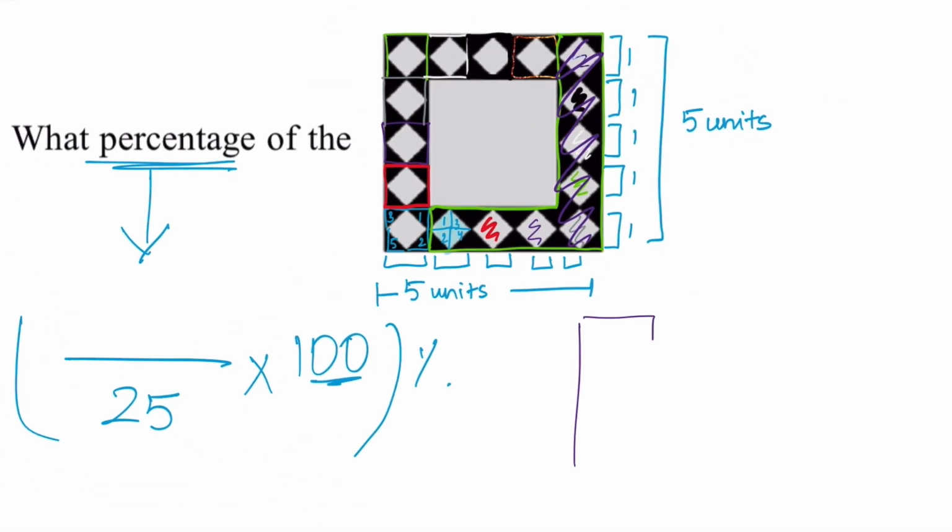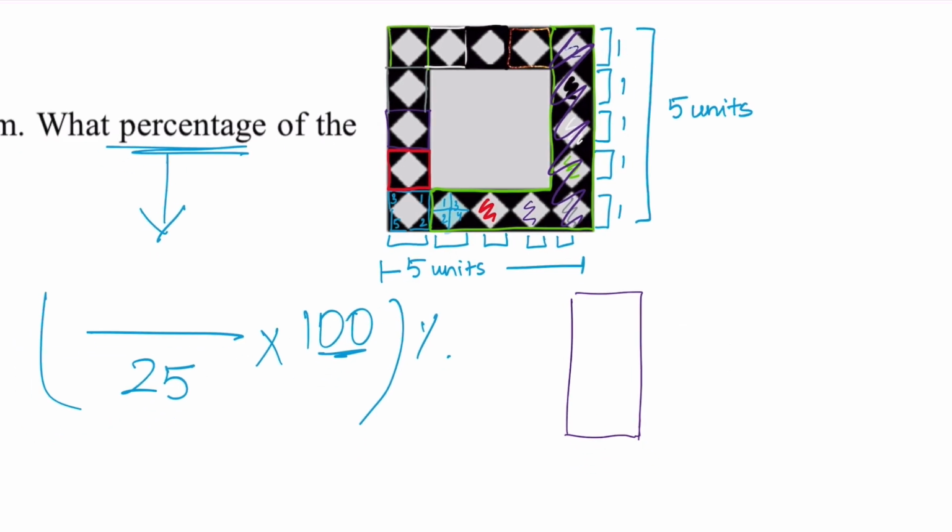So let me make it a little bit more clear over here. This right here is 1 unit, and then this is 5 units. That means the area of this portion is 5 times 1, which is 5, right? And the area of the second portion right here, this one, lying like that.